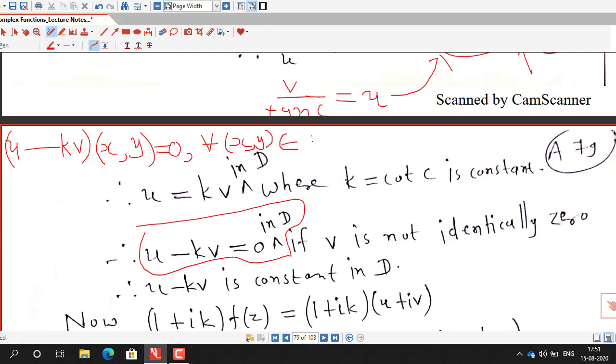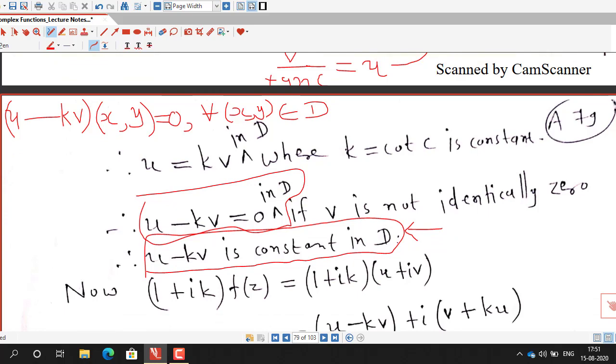So this implies that the function u minus kv is constant in a domain D. We will use this fact in proving that f of z is constant.